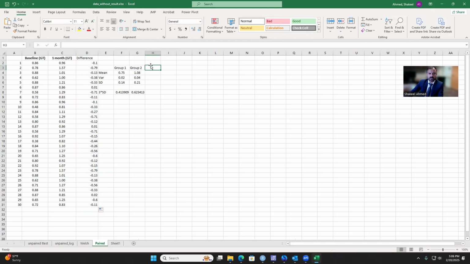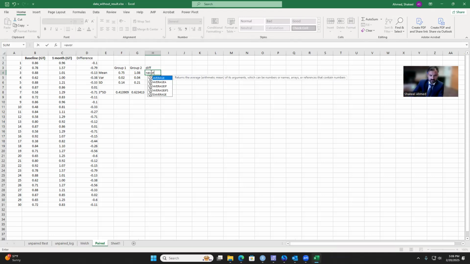We can find the mean for the differences as just the average, using the average command. Select and then okay.